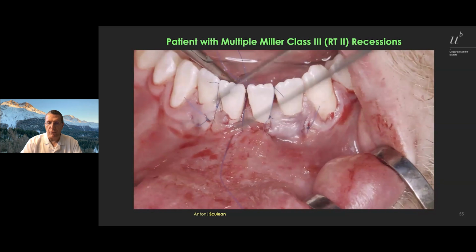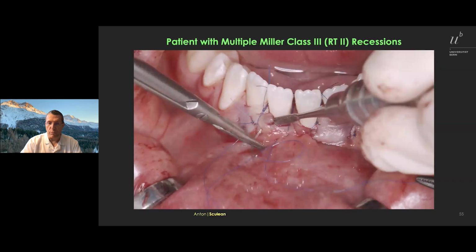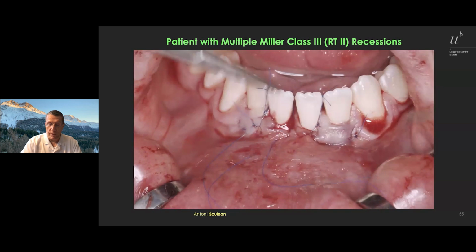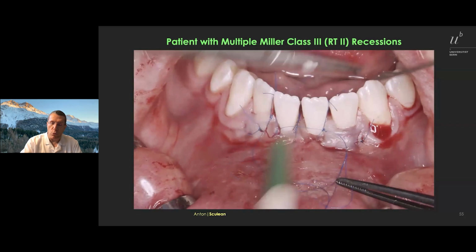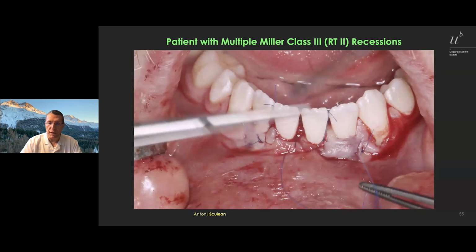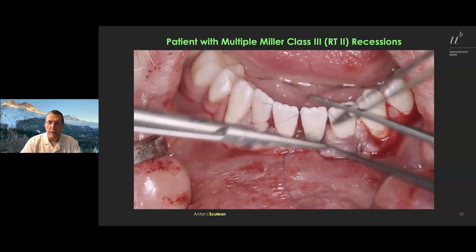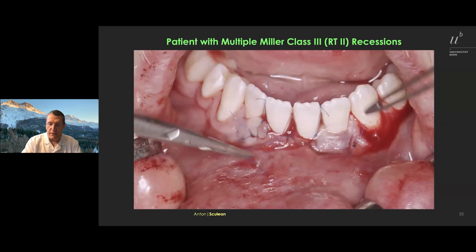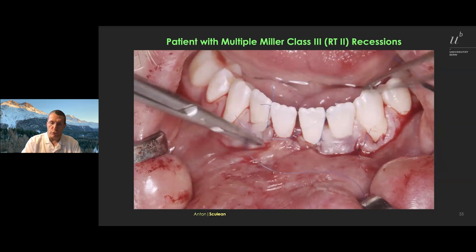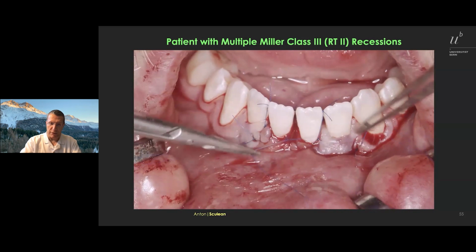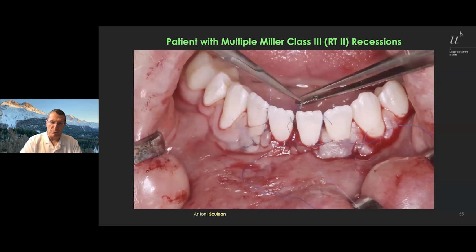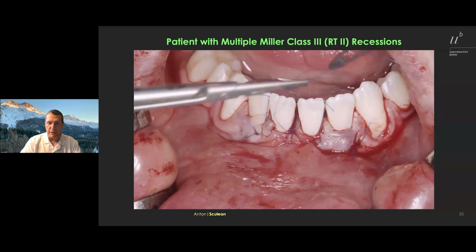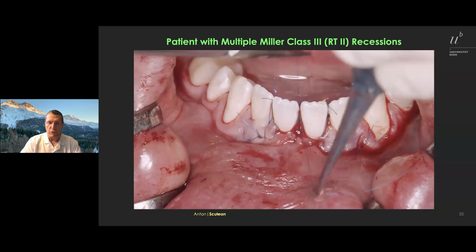And if we have real strong tension from the lip, that of course has been released, I like to release the fibers completely from the apical part and then use another sling suture to move also the mesial part of the tunnel over the retainer. So this will give a very good stability for the entire complex.